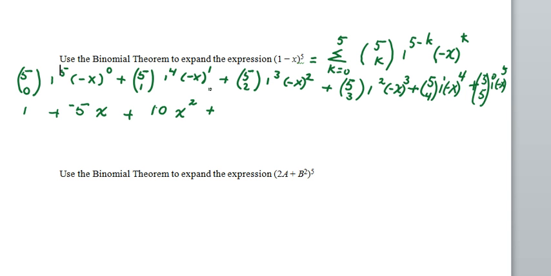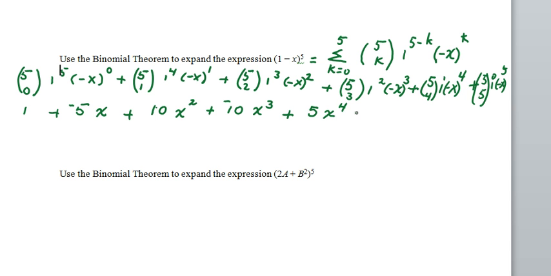Plus 5 over 3, which is 10 again, times the opposite of x to the third, which is going to make the coefficient negative 10, x cubed, plus 5 over 4, which is 5. The opposite of x to the fourth is x to the fourth.